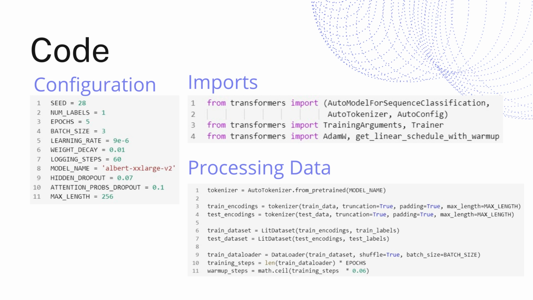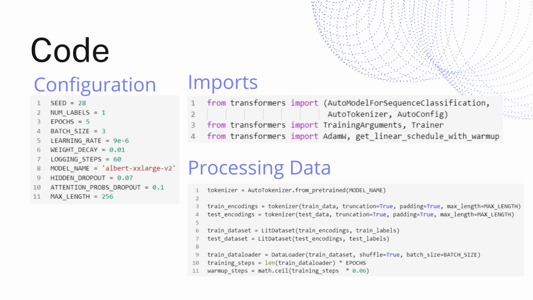Weight decay is 0.01. Logging steps is 60, so this is the frequency with which we evaluate on the validation set. Model name is Albert XX/V2. Hidden dropout is 0.07 and attention probs dropout is 0.1. These are basically the dropouts in the attention of the transformer layers.